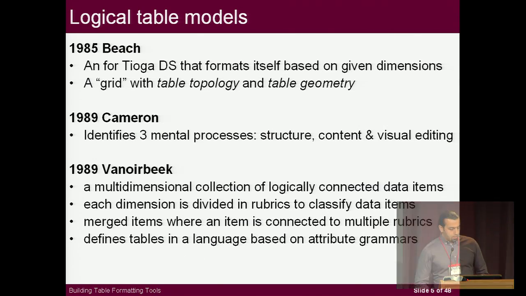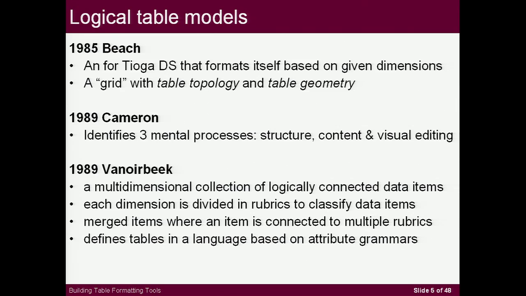In 1989, Van Arbik came up with an interesting way of defining tables using a language based on attribute grammars. Van Arbik looks at tables as a multidimensional collection of logically connected data items. Each dimension is divided in rubrics to classify data items, and measured items are used where an item is connected to multiple rubrics.